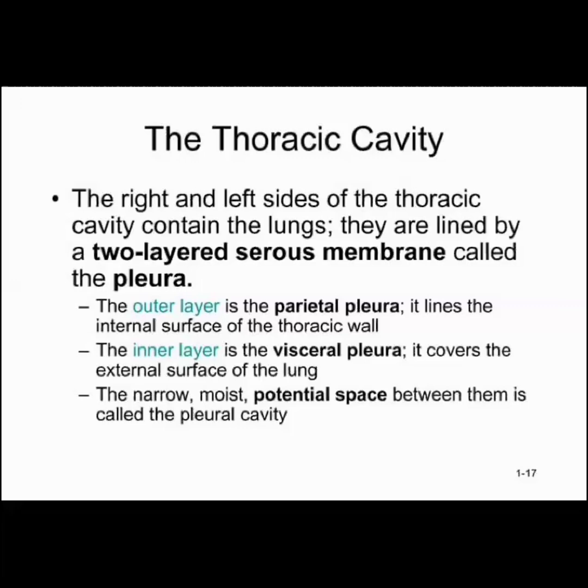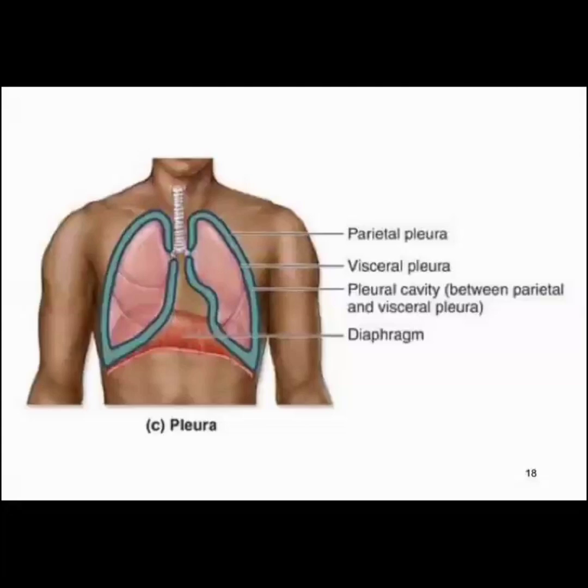It lines the internal surface of the thoracic wall. And the inner layer is the visceral pleura. It covers the external surface of the lung. The narrow, moist potential space between them is called the pleural cavity. So here the picture of pleura is showing by the blue lines.